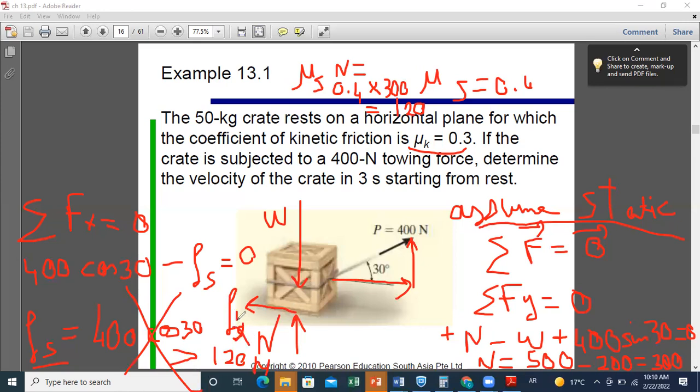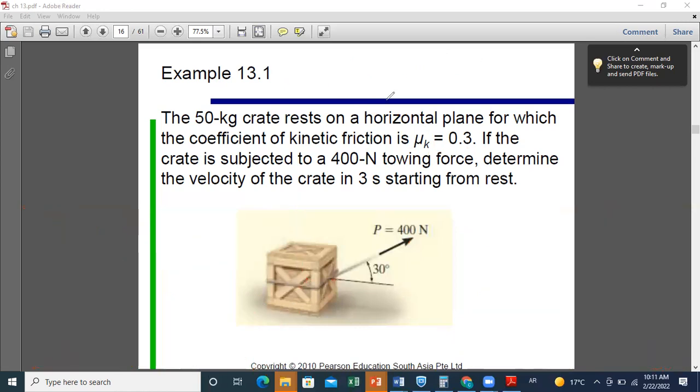The friction is kinetic. Then I will repeat my calculations based on sum of forces equals MA. I don't have any more equilibrium conditions. So here, because they didn't give me the two coefficients, static and kinetic, then I am sure that it's moving.